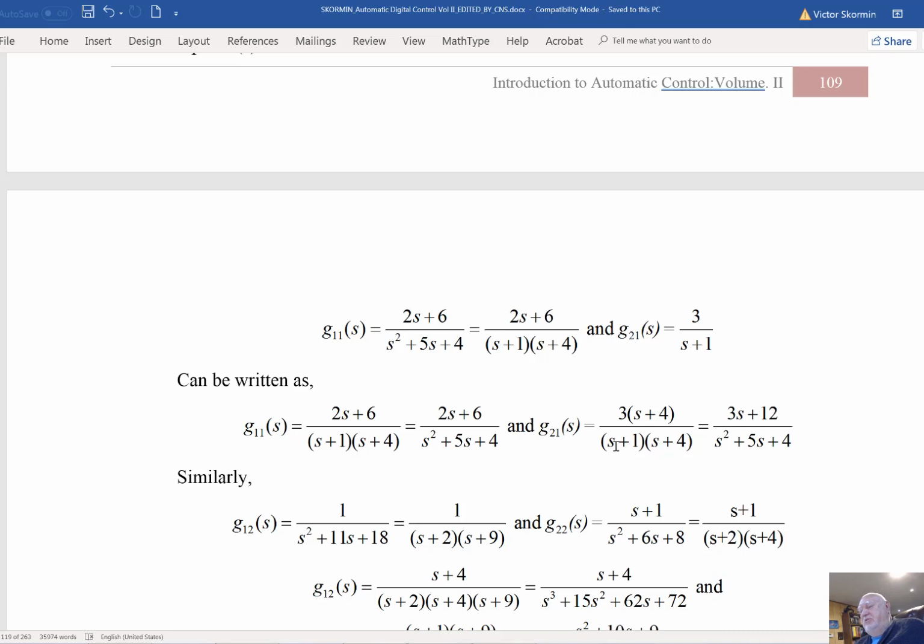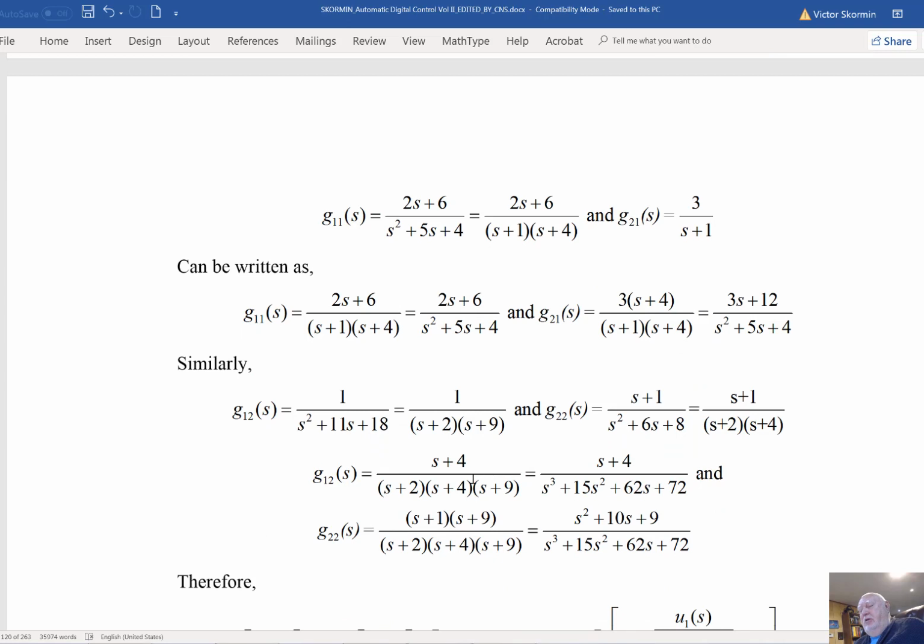So there are no specific changes in G11. It already has the required common denominator. But G21 should be multiplied by the missing s plus 4. Look, I multiply numerator and denominator by s plus 4, and this is the new definition of transfer function G21.